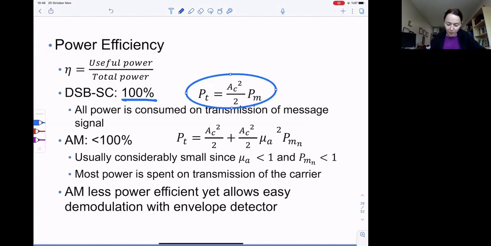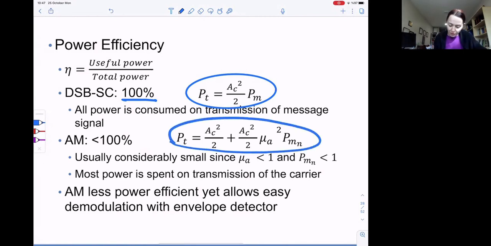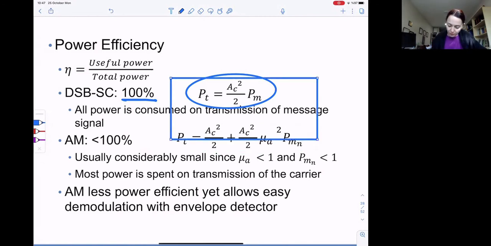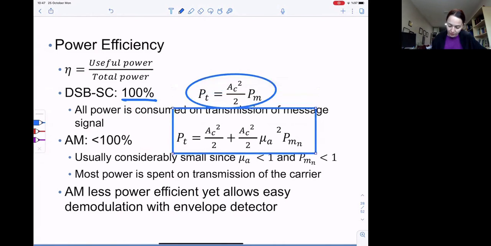This is the transmit power. It's AC squared over 2 times PM. In AM, though, the transmit power has a component due to the message and a component due to the carrier. Therefore, the efficiency is going to be less than 100%.